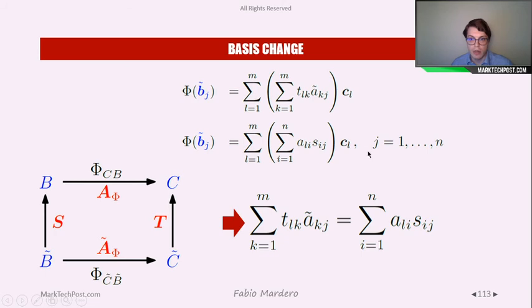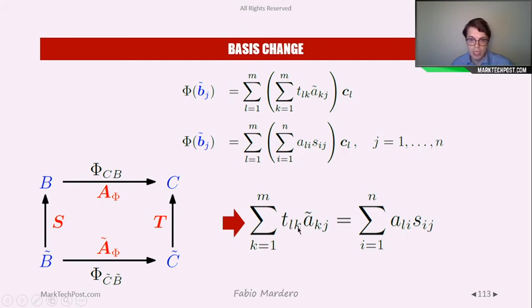This is generic for every J and of course L. These are the coefficients of T, A tilde, A, and S. And please notice that here we are writing a multiplication between matrices.